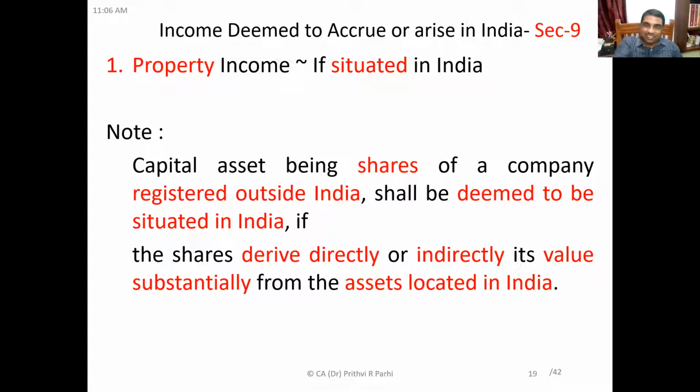How is it possible? Can you think of some situation? Let us say there is a Singapore company who doesn't have any asset, only few assets are there in India. So the value of the shares of that company will be derived substantially from the assets located in India.